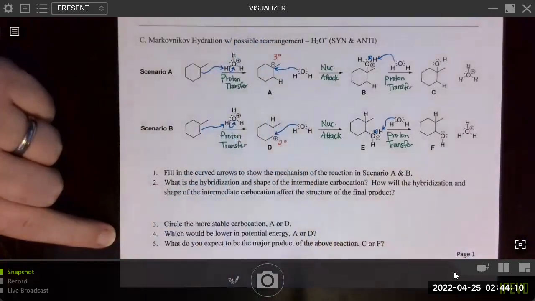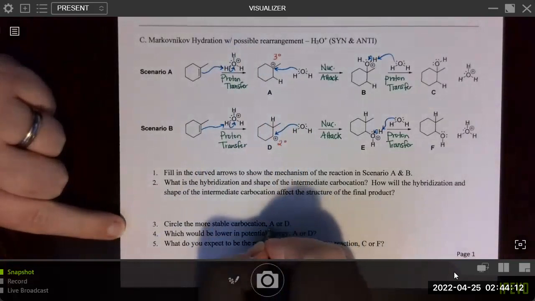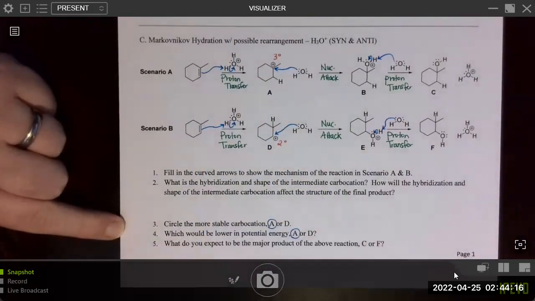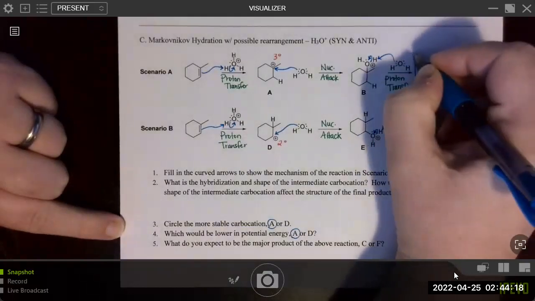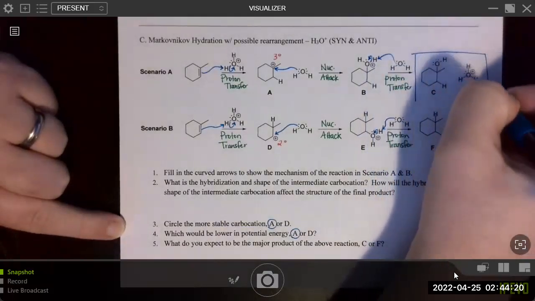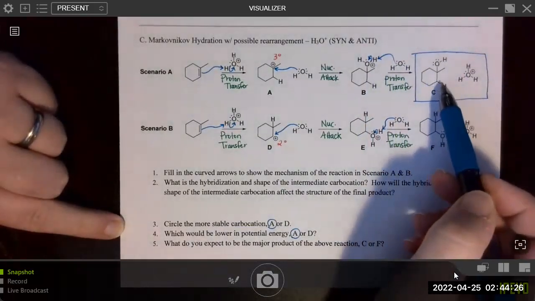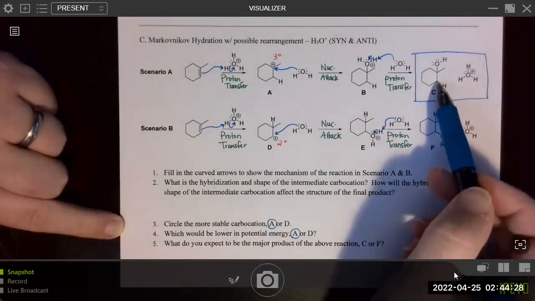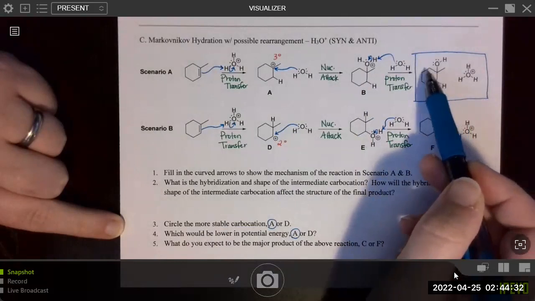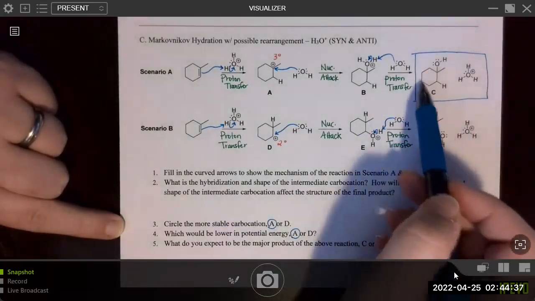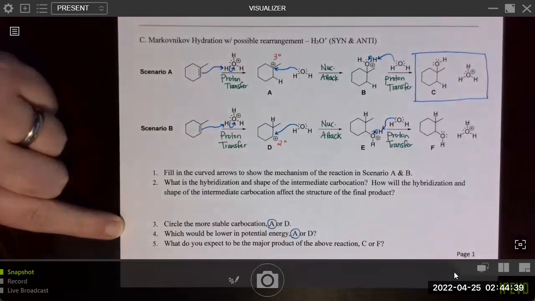Definitely the more stable tertiary carbocation, A. And therefore, the major product is going to be C. And in C, we did not form any new stereocenters. This just has two hydrogens, so it is not a stereocenter. And this is also not a stereocenter because there are only 3 different groups attached to that carbon.